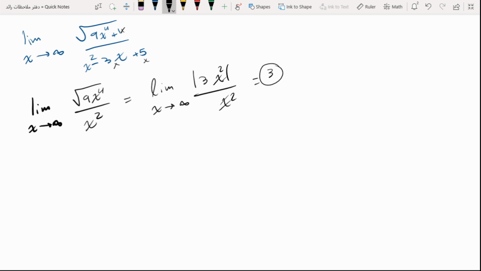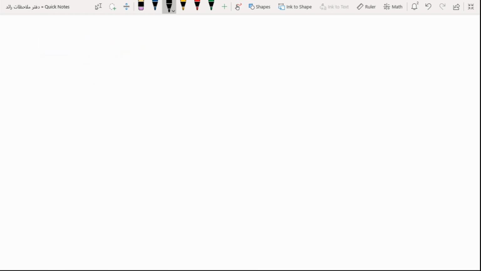Now look at this example. If I have the limit as x approaches negative infinity of the radical of 16x to the power of 6 minus 5 over 3 minus x to the power of 3.